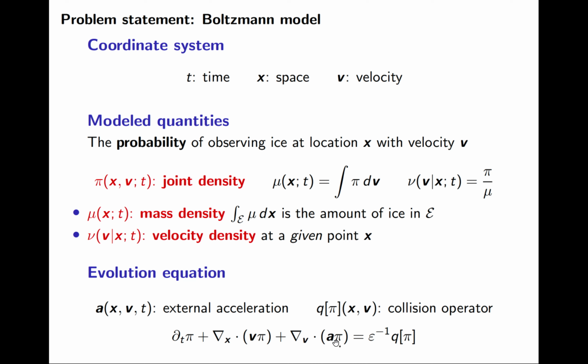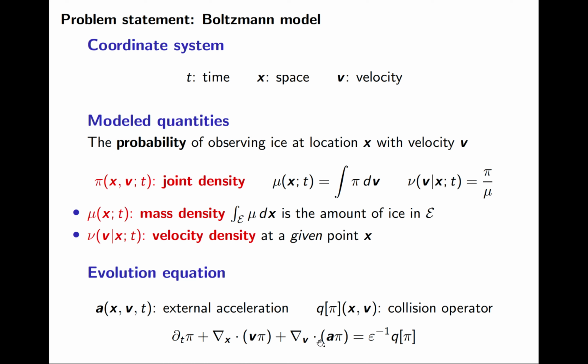The second advection term here is very similar in intuition, except instead of the density being advected around the spatial domain, this density is also being advected around the velocity coordinate, and it's being advected by the acceleration term, right? And this acceleration term is some field that we as users have to prescribe.